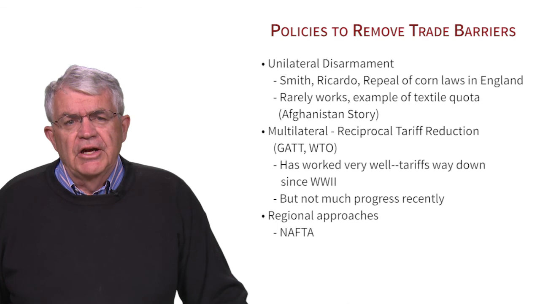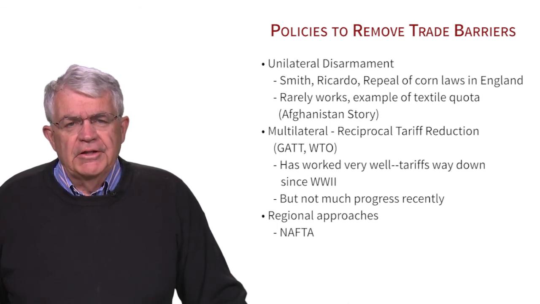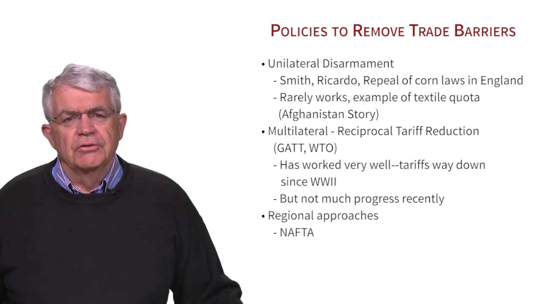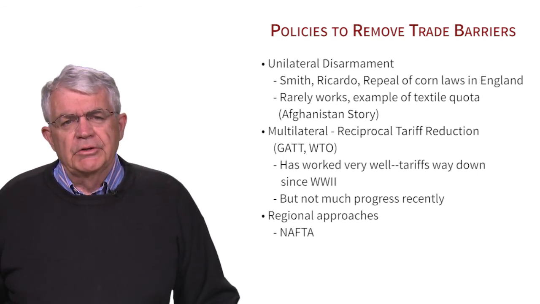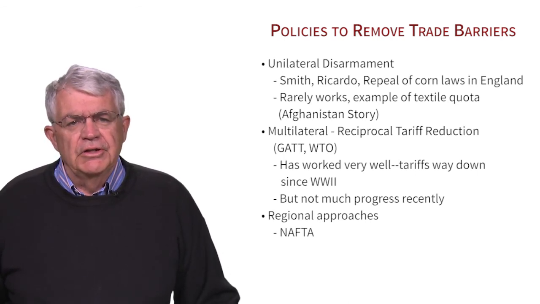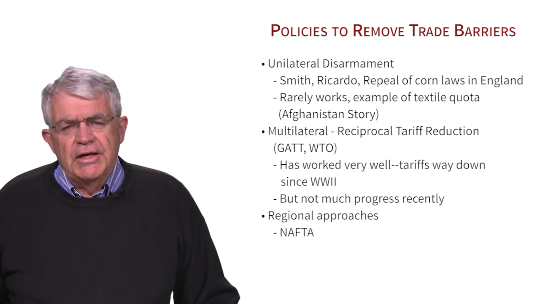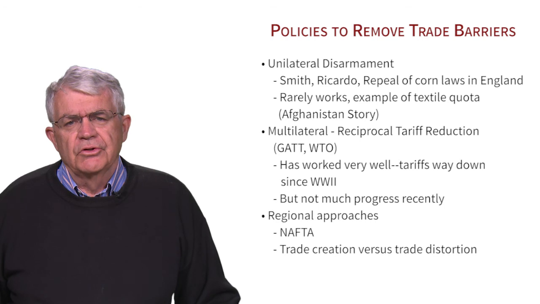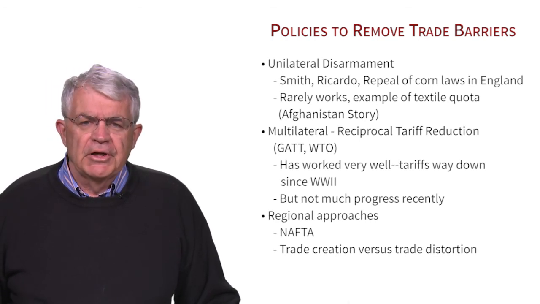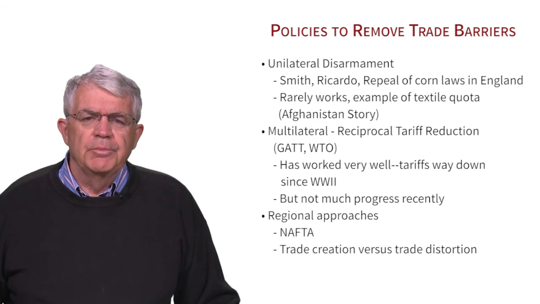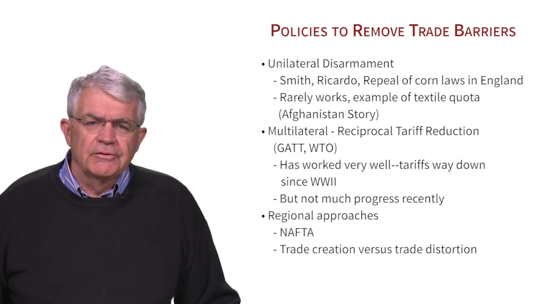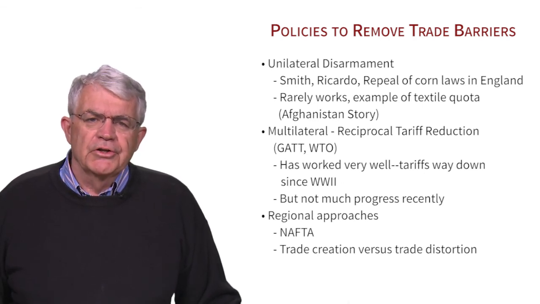It's actually now 20 years old. In that case, the United States got together with Canada and Mexico, agreed to reduce the barriers between the countries, phased it in slowly, and that made a huge difference. That's created trade. Some people argue that it's also distorted trade a little bit because imports from Mexico to the United States would go up, but they may go down coming from low-cost producers in Asia.